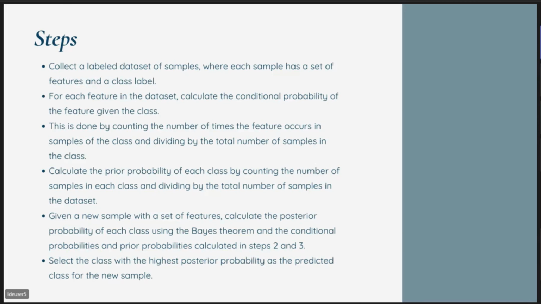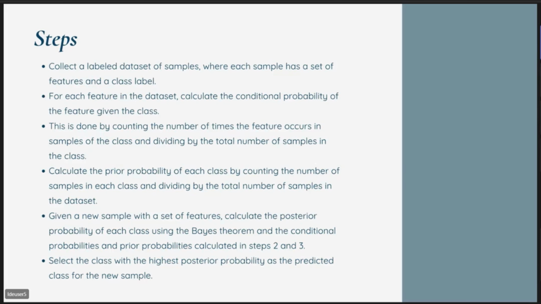And for each feature in the data set, calculate the conditional probability of the feature given the class. Okay, so this again, we make use of statistical formulas here, right? So how do you calculate the probability for each of the features? This is done by counting the number of times the feature occurs in the samples and dividing by the total number of samples in the class.